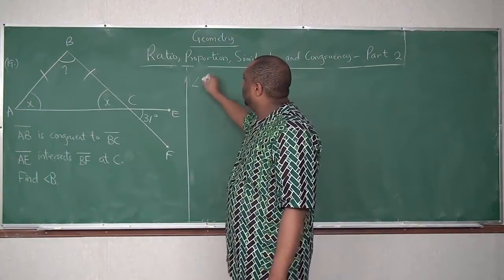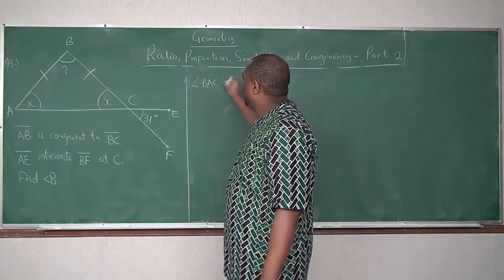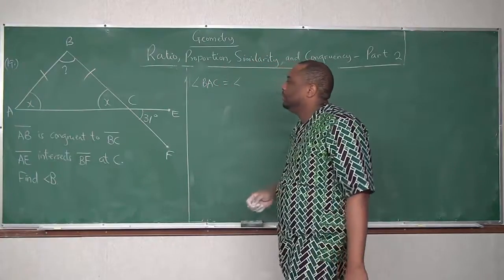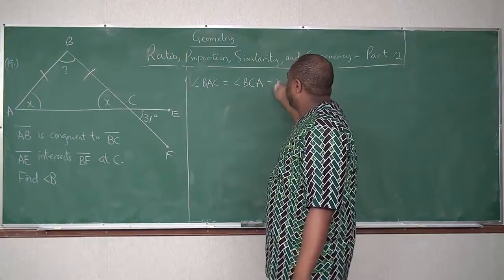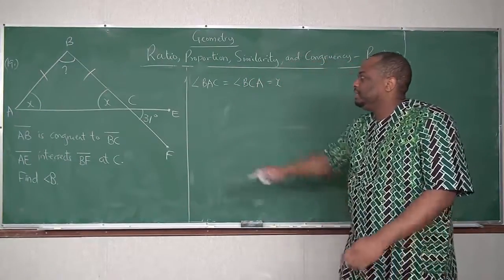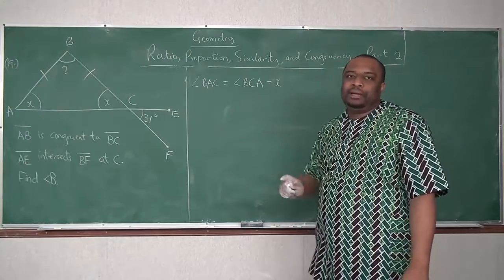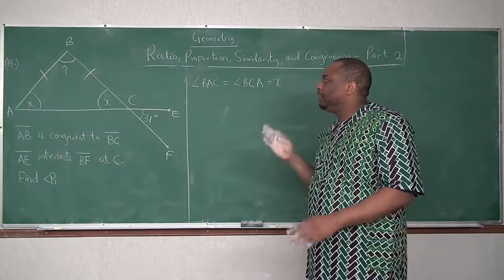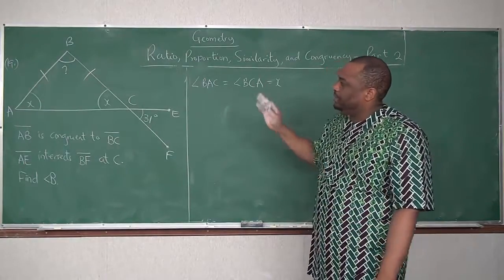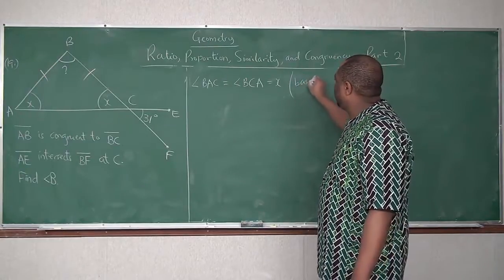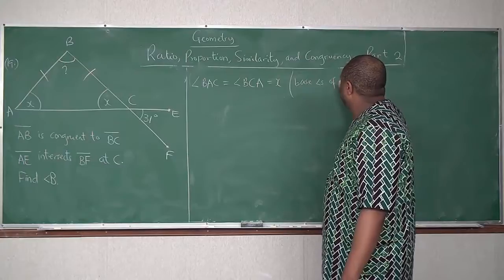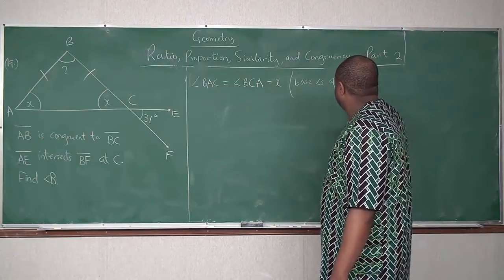Angle BAC is equal to angle BCA, and call it X. Reason, base angles of isosceles triangle.